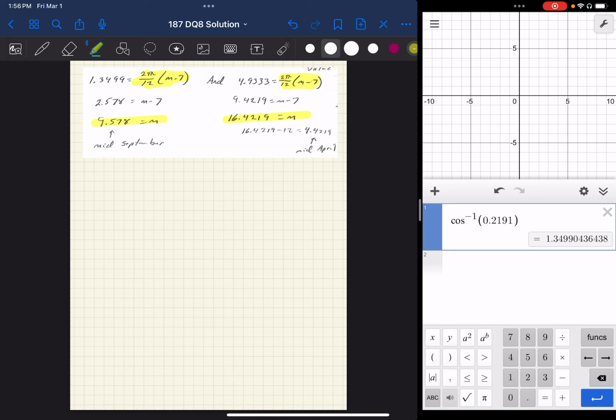My period was only 12, so I subtract out the 12 and I end up with m equal to 4.4219. That's in my months 1 to 12 interval.